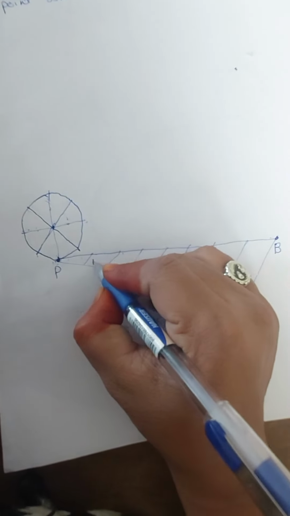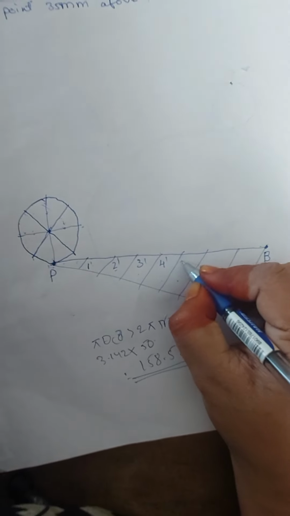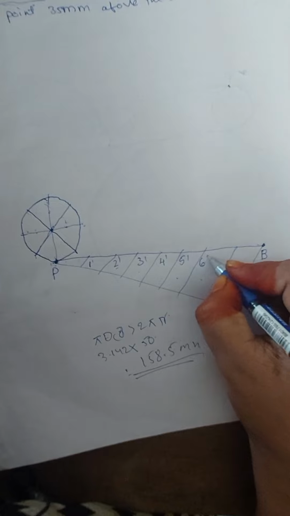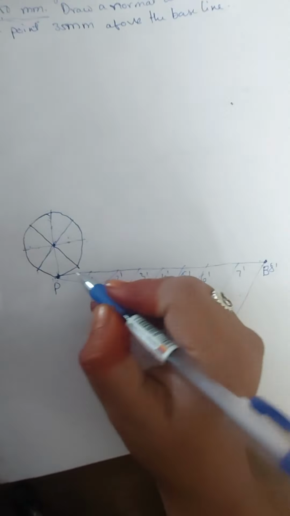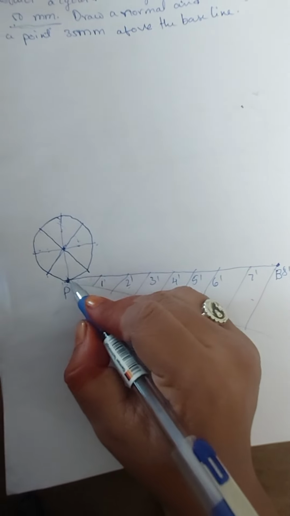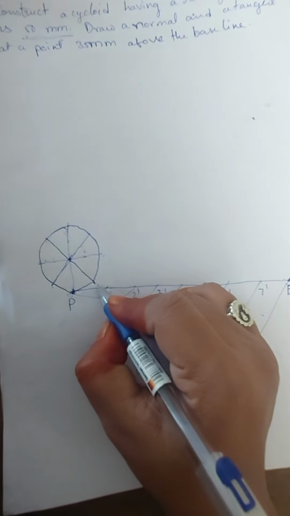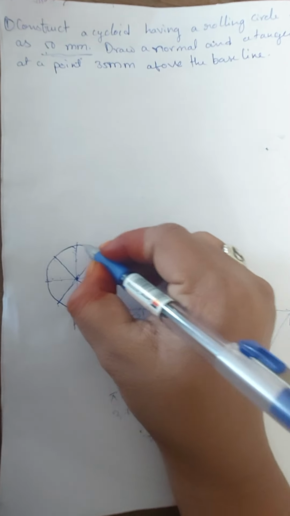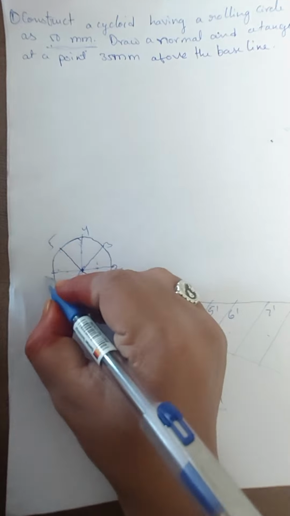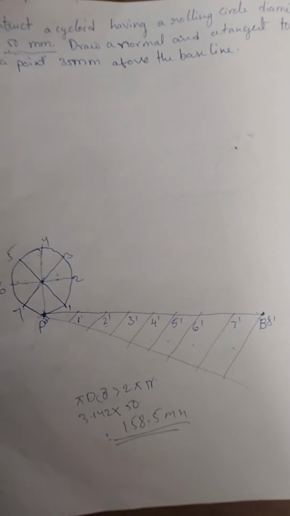So start numbering 1 dash, 2 dash, 3 dash, 4 dash, 5 dash, 6 dash, 7 dash, and at B we will get the point 8 dash. Similarly, next to P, in the anti-clockwise direction, start numbering the divisions of the circle 1, 2, 3, 4, 5, 6, 7, and at P we will get the point 8.